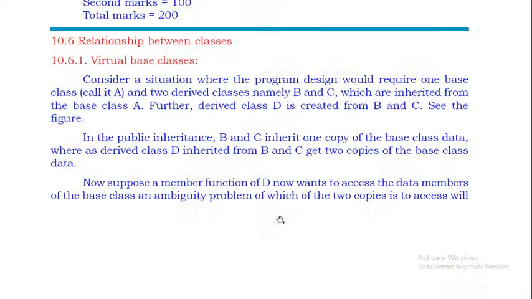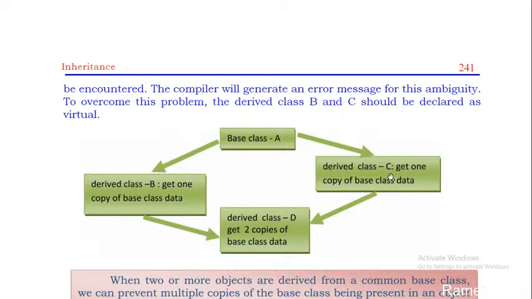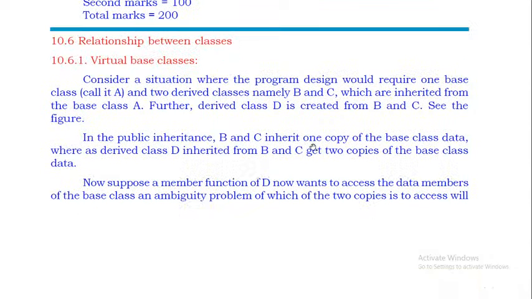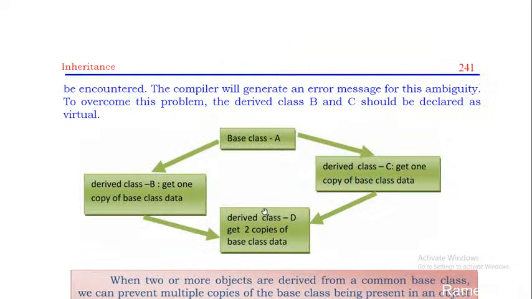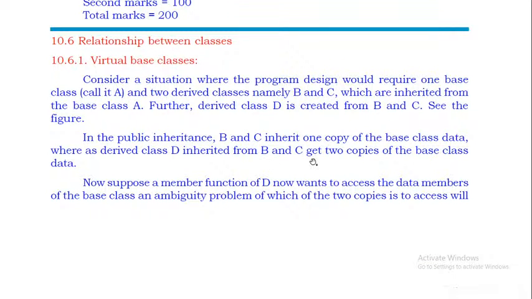Now, in public inheritance, B and C inherit one copy of the base class data, whereas derived class D, inherited from B and C, gets two copies of the base class data.